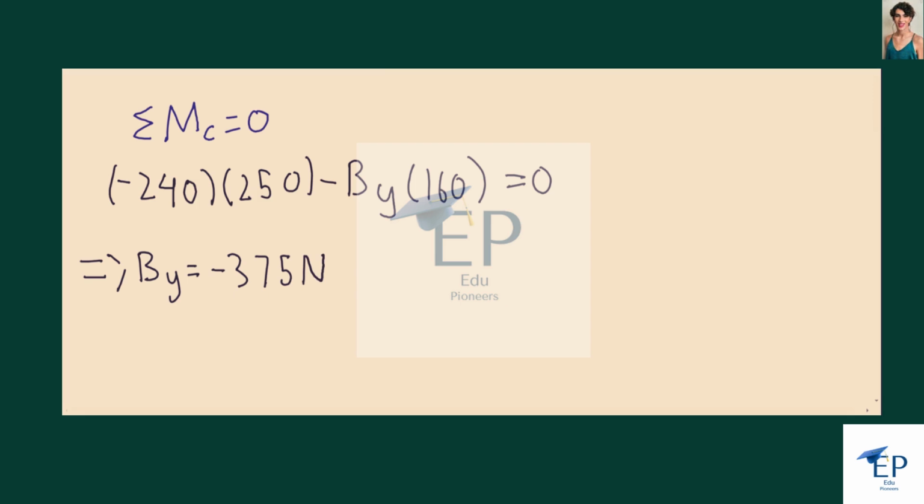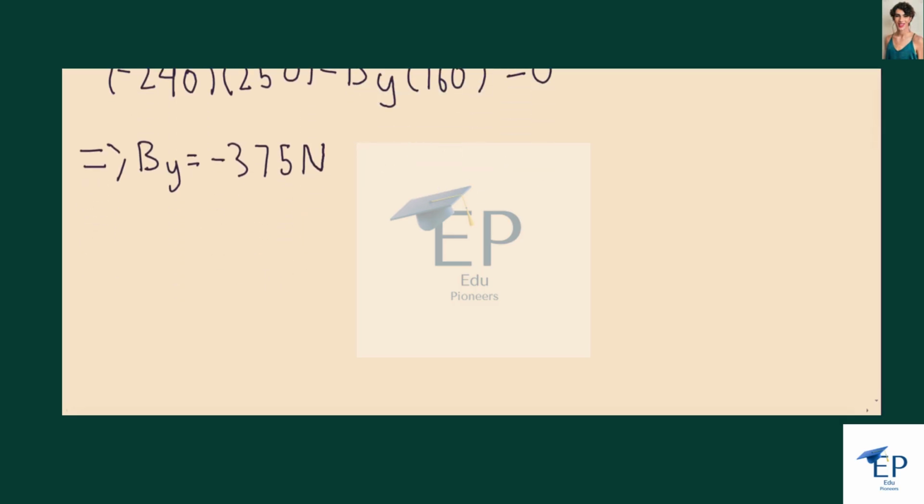And we can now solve for the y component at the point C. So to solve for the y component at the point C of the force, we can say that c of y minus b of y minus 240 is equal to 0.